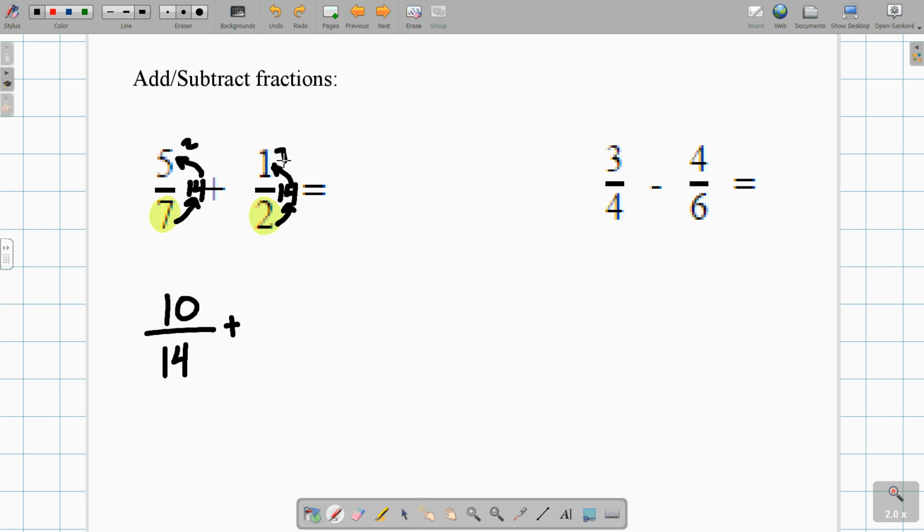Once you have the same denominator, now you just add the numerators without touching that denominator. In general, you can leave it as improper, although you should be familiar with the mixed numbers if we need to graph. 14 goes in there 1 time with 3 left over, and that would be your mixed number.